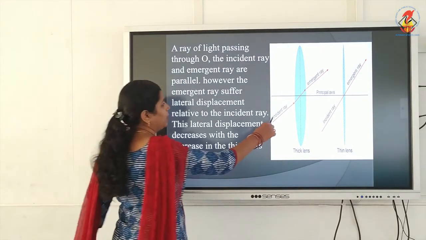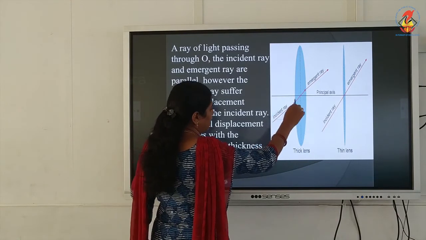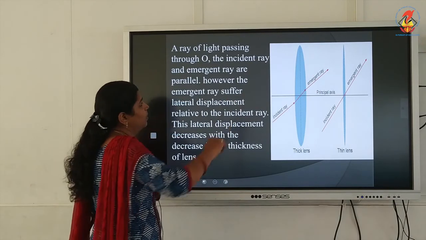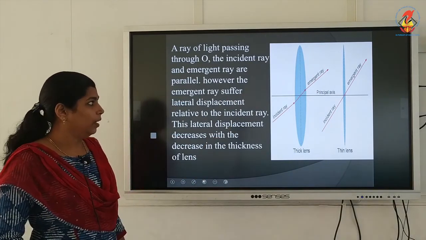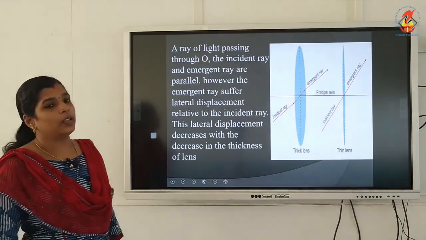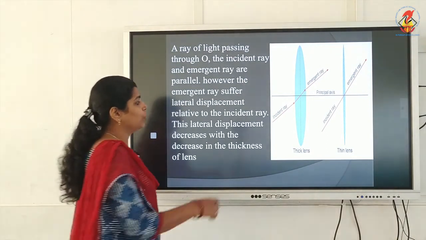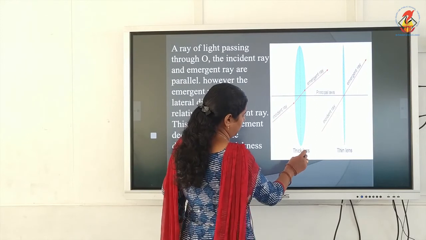Here, this one is an incident ray, this one is an emergent ray. The incident ray and the emergent ray are parallel. However, the emergent ray is laterally displaced in case of a thick lens.